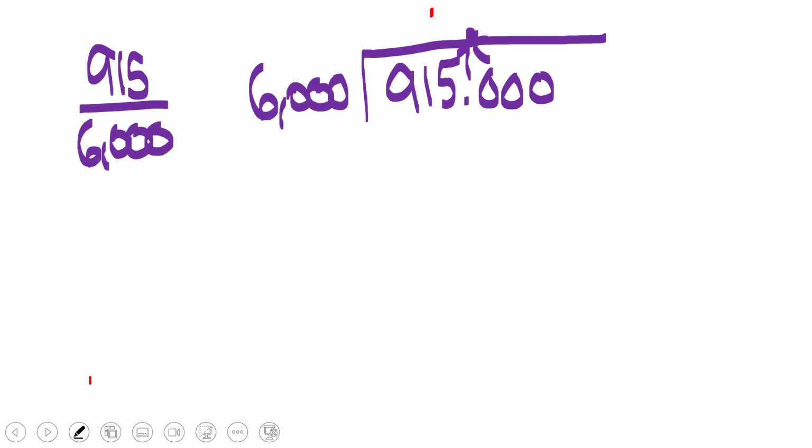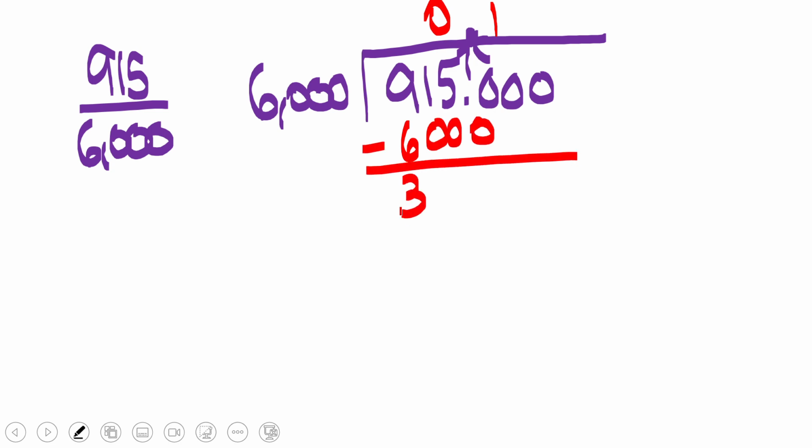Okay, 6,000 into 915, 0 times, but 6,000 into 9,150 goes 1 time. 1 times 6,000 leaves 3,150. Bring down, work above.